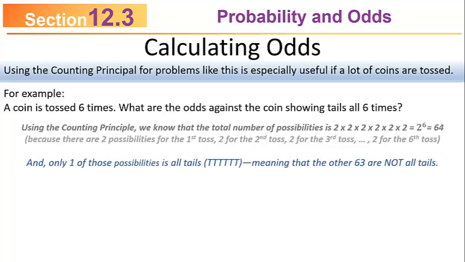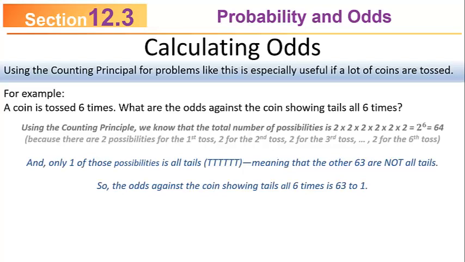So instead of 8 in the sample space, now you'll have 64, yet there's still only one that's all tails. That's tail, tail, tail, tail, tail, tail. So the odds against the coin showing tails all 6 times will be 63 to 1.